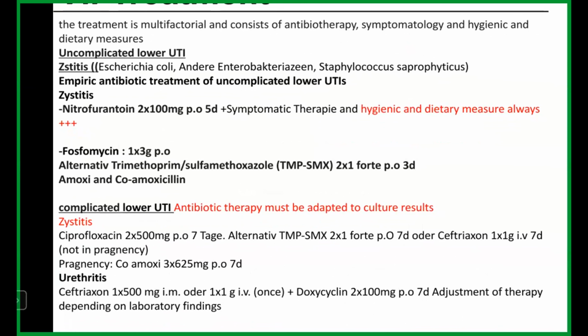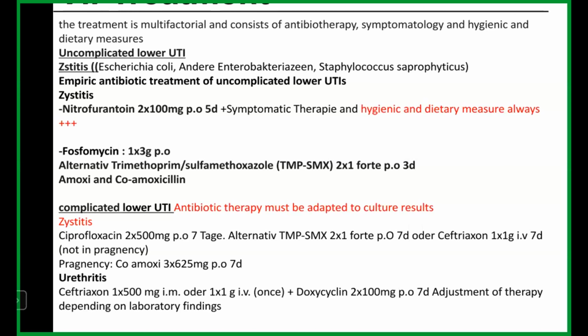We have also for cystitis the alternative, which is fosfomycin, or maybe in Afghanistan we have Monurol. This is only 1 tablet, 3 grams. We give it per dose.